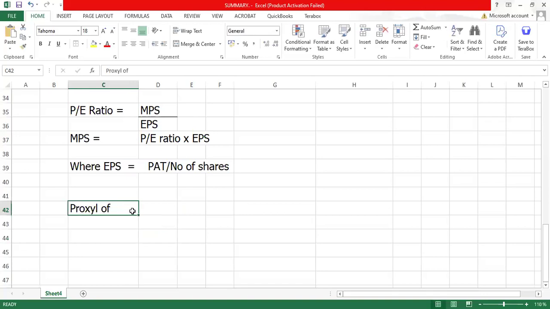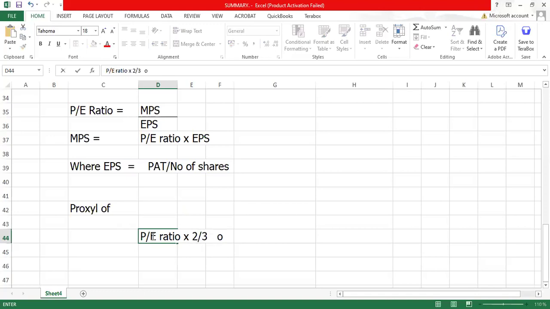Now, when you're given that, as you get your PE ratio of the company that is not listed, you get the PE ratio, then times the proxy of the company that is listed. It can be 2 out of 3, depending on what you're given. So when you meet that kind of statement, don't be confused.